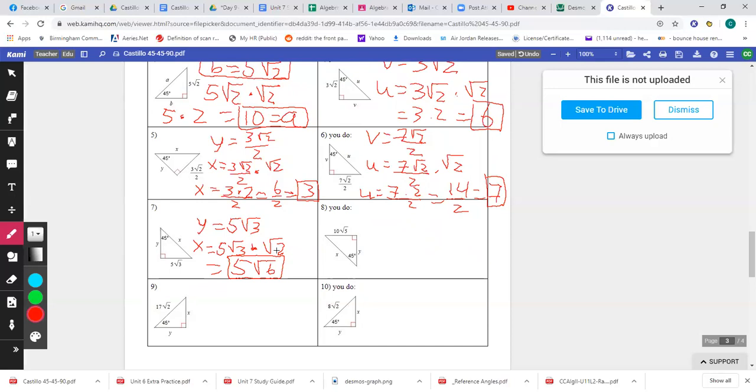So quickly do 8. Okay. So y should be 10 root 5.